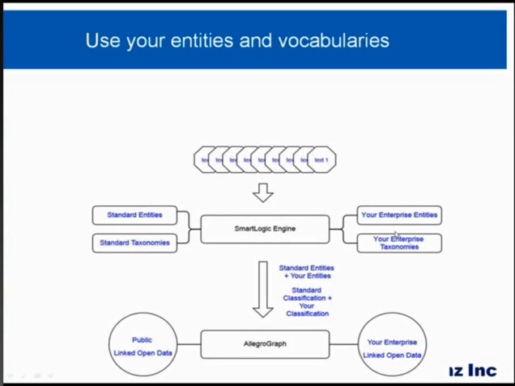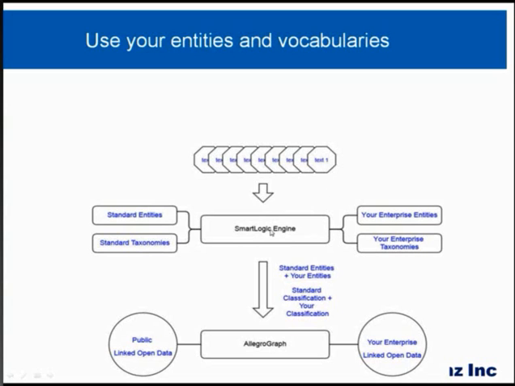But you and your enterprise can add your own entities that you're interested in, and you can build your own internal enterprise taxonomies. Yeah? And you can feed both into Smart Logic. The new thing for Smart Logic is that you can now do this with their direct tools, or you could have existing taxonomies in SKOS or other representations and import that directly into Smart Logic.